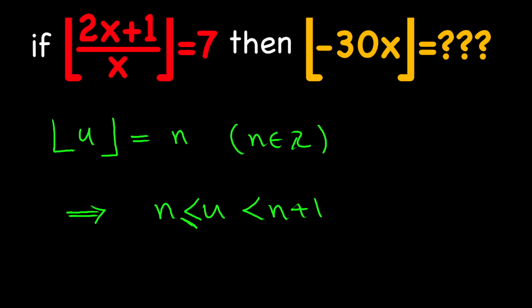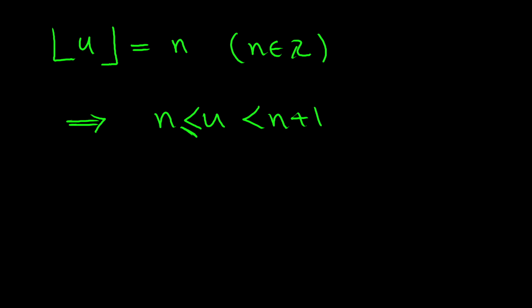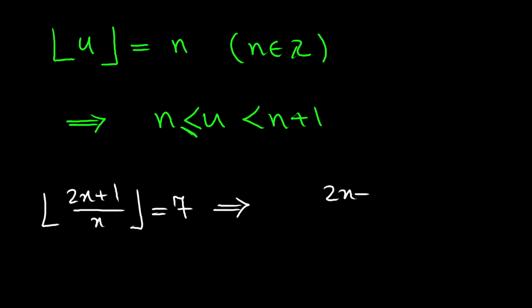Now let's go ahead and start with the given equation, which is the floor of 2x plus 1 over x equals 7. Based on the definition of the floor function, I can say that the expression inside of the floor signs, which is 2x plus 1 over x, lies between 7 and 7 plus 1, which is 8, and it can equal 7.